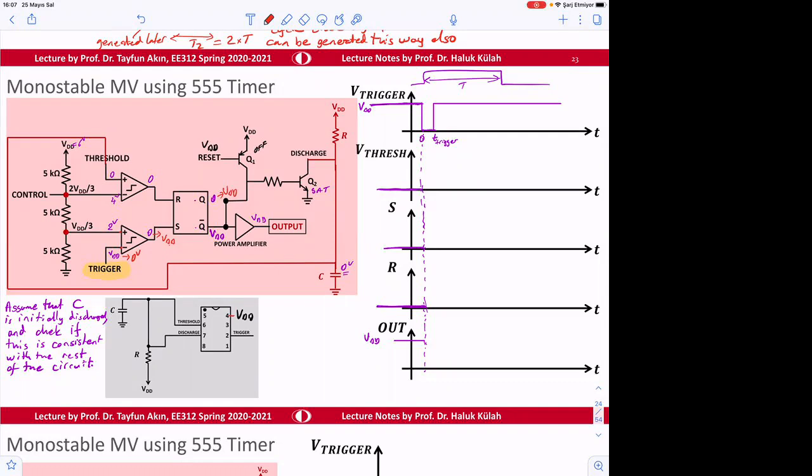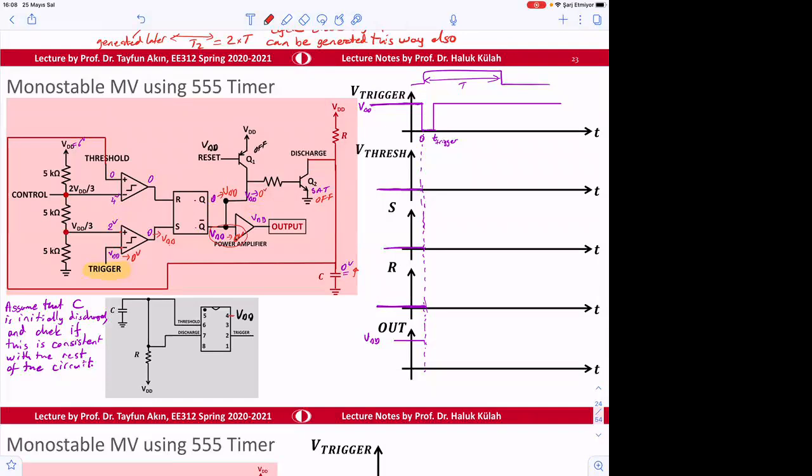And then VDD becomes 0 volts, right? So it goes to 0. This goes to VDD. I mean, Q goes to VDD, and this thing, Q bar, now becomes 0 volts. It used to be VDD here, goes to 0. So therefore, this transistor becomes off. So the capacitor voltage will charge up.